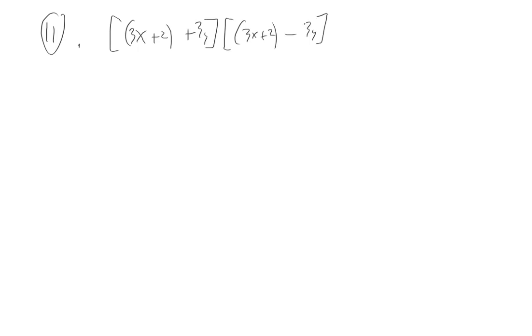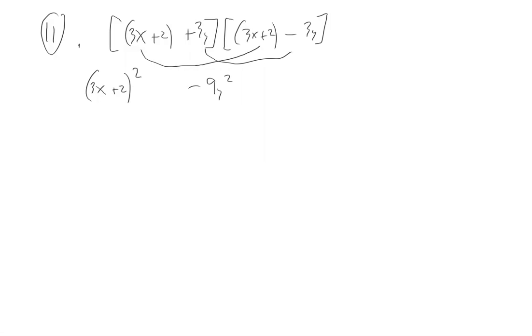So this is the sum and difference of the same two terms. So we only need to multiply the first times the first, 3x plus 2 times 3x plus 2, which is 3x plus 2 squared, and the last times the last, which is negative 9y squared.